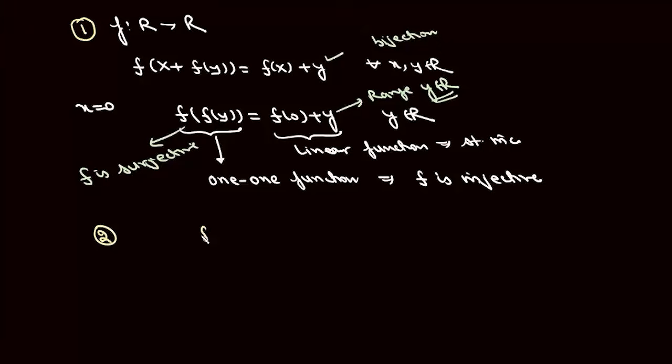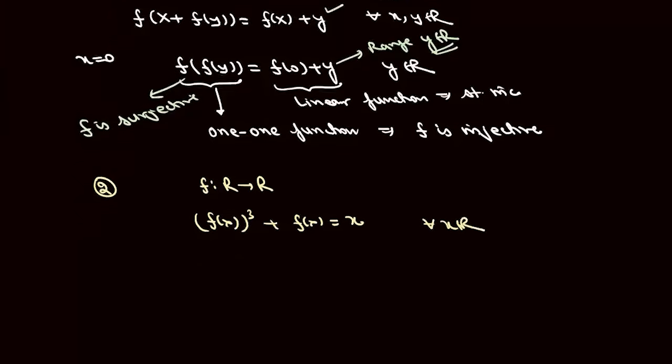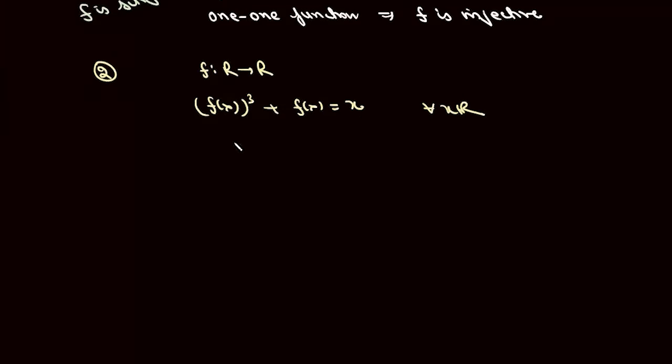So this function f is defined on R to R satisfying f(x)^3 plus f(x) is equal to x for all x belongs to R. Now to prove injectivity, we'll let f(a) equals f(b), and it is equal to say some value k.